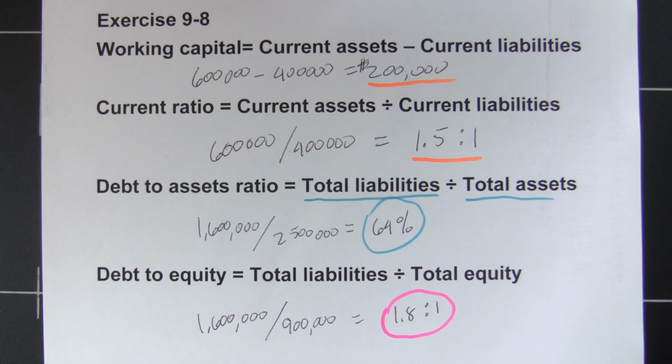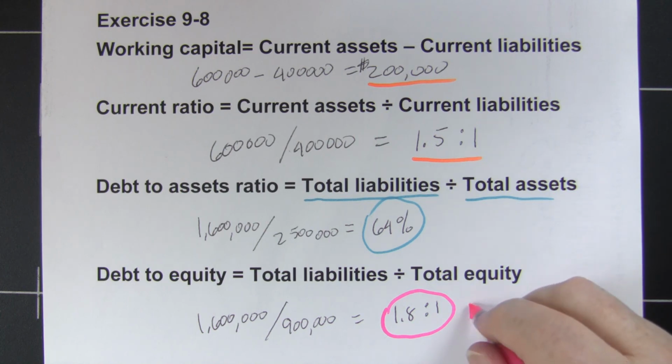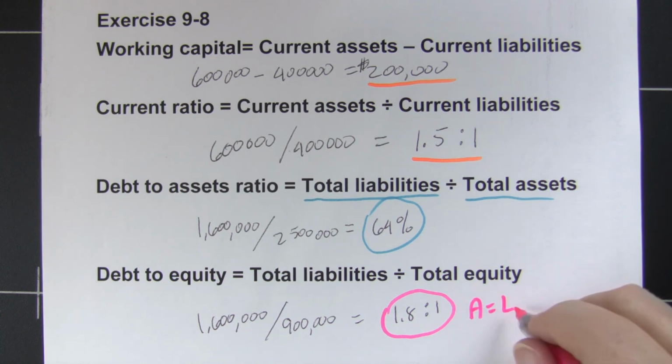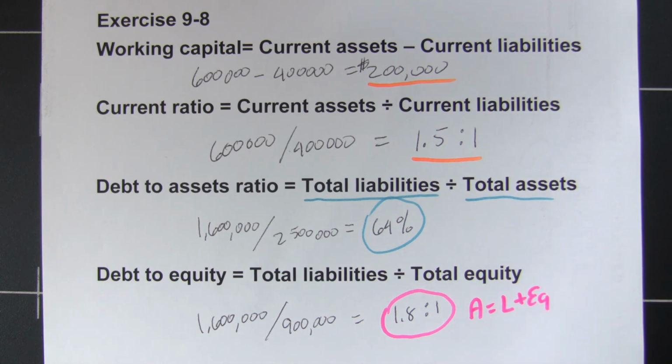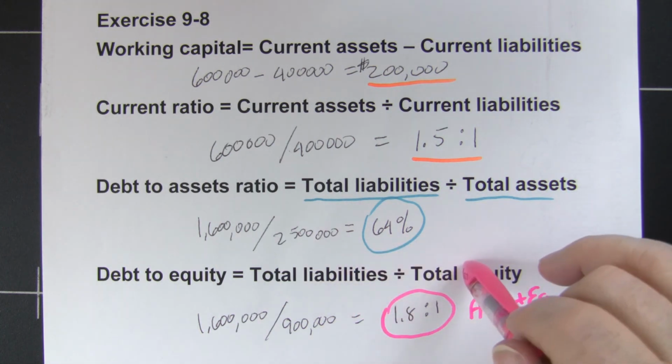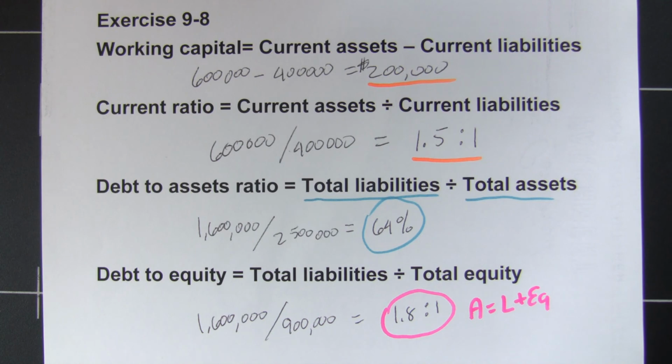Because remember, liabilities plus equity equals total assets. That's the accounting equation that you've been fussing with for years, for this year. So we're looking at this, and in this particular case, our liabilities are 1.8 and our equity is 1.